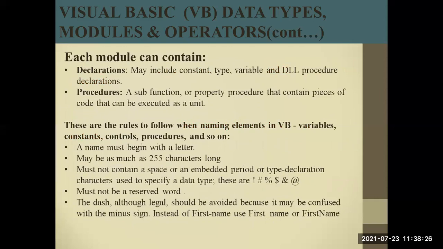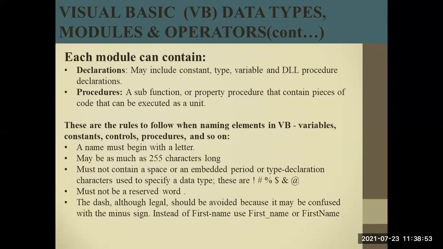Now each of the modules may contain two important things. The first one is the declaration. It may include constants, the types, the variables that we are using, and the DLL, dynamic link library, procedures that are declared in it.